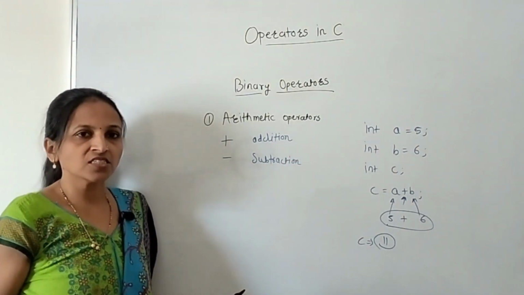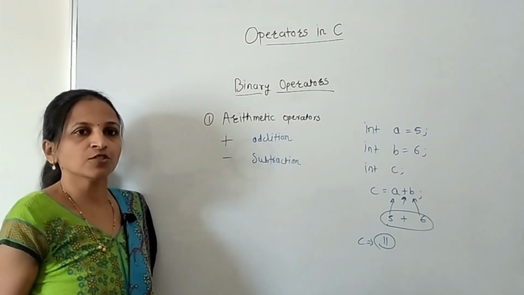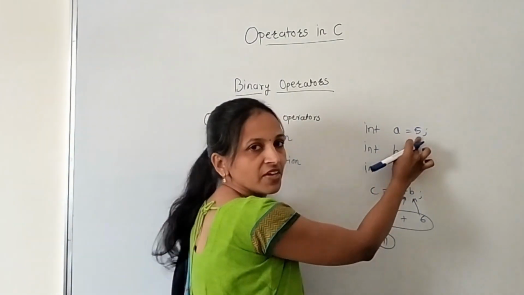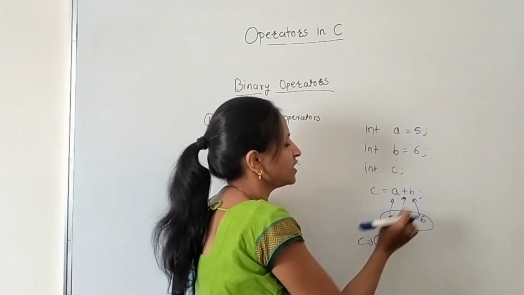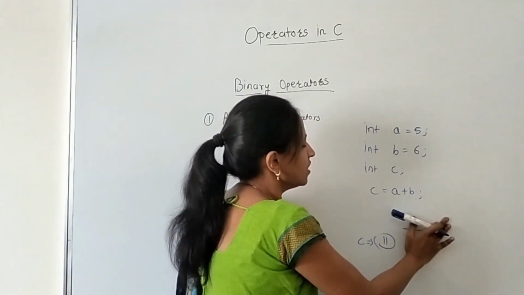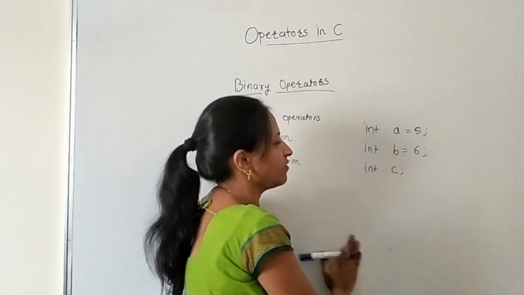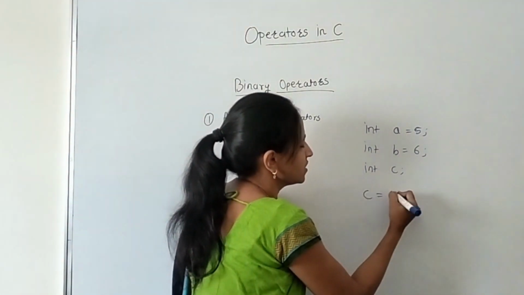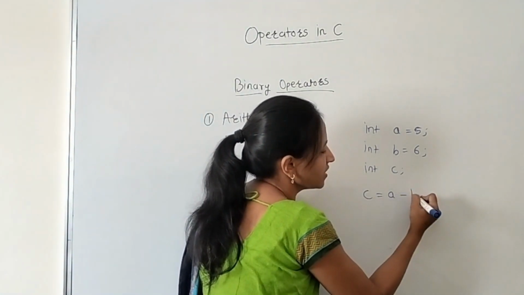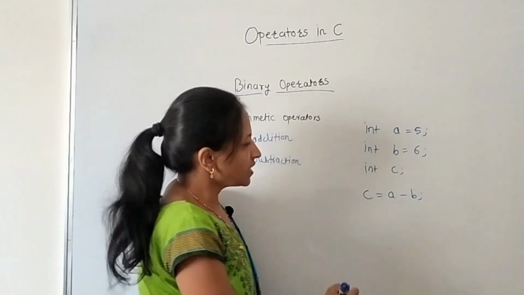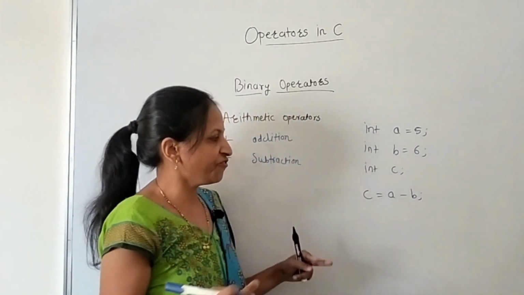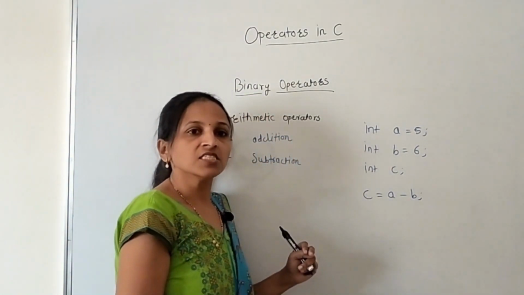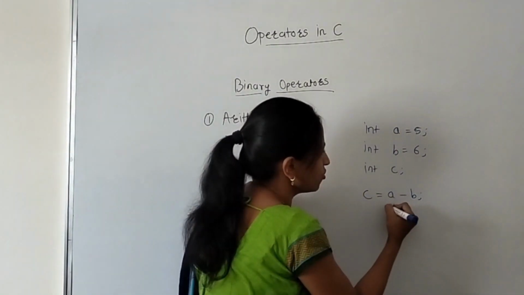Subtraction is used to get the difference between two operands. For example, same example, suppose variable A has value 5, B has value 6, and there is one more variable C, and I am writing C equals A minus B. In that case it will give the difference between A and B and that will get stored inside C. Now see, what is the value of A? 5.